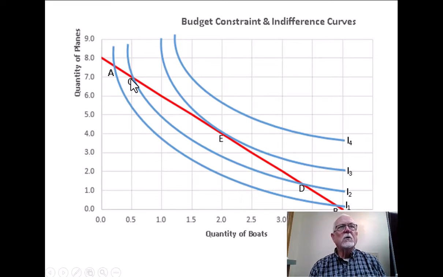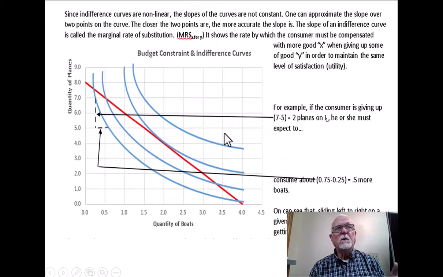Now, we could certainly exhaust our income, our budget, and have this combination at point C, but we're not as happy. We don't receive as much total utility because I3 is higher than I2. So the point of tangency is what we're achieving. We're maximizing our total utility.